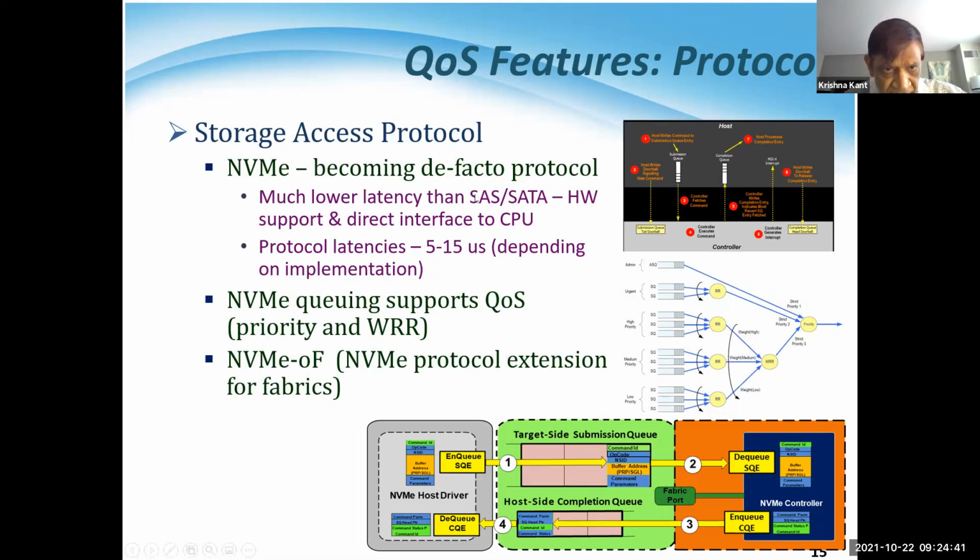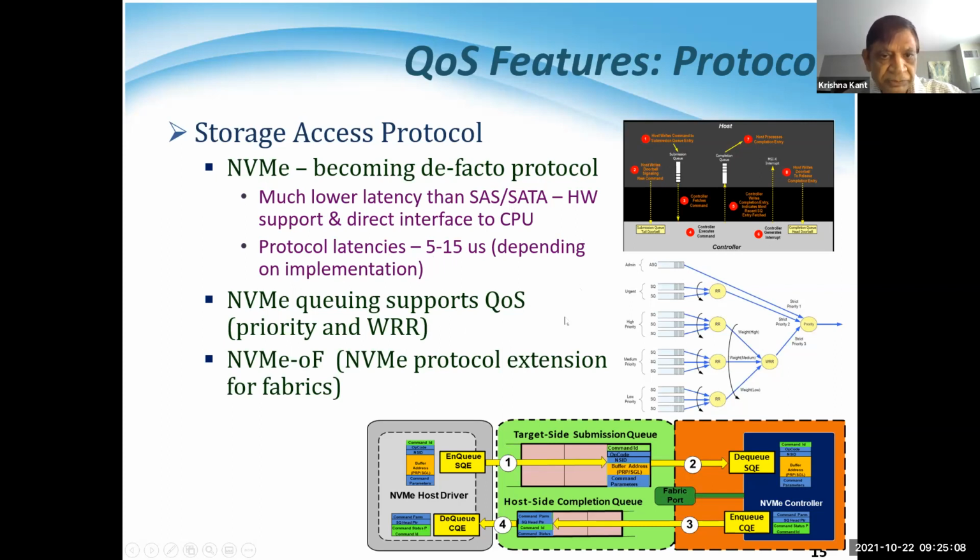Right now, the NVMe protocol is becoming the de facto standard because it's much lower latency and hardware supported, far lower latency than traditional protocols like SAS and SATA. The protocol latencies could be 5 to 15 microseconds.